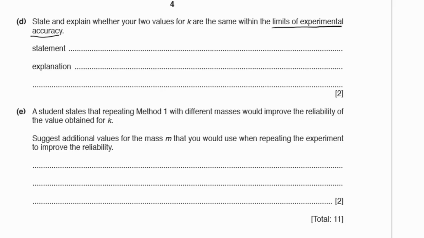So what you need to do then is explain what the limits of experimental accuracy means. Kind of say they're very close. So let's say that. We'd start off with our statement, yes, the two values for K are the same. For our explanation, what we might want to do is say within the limits of experimental accuracy, as the results are very close to each other.